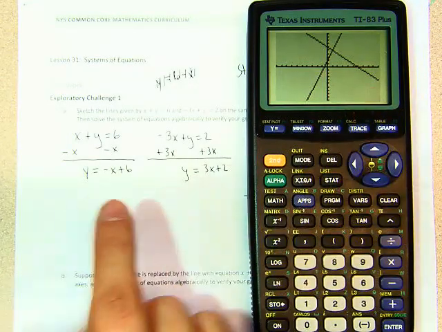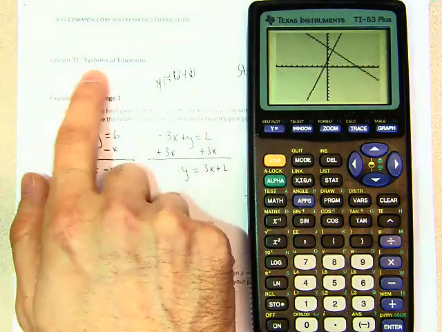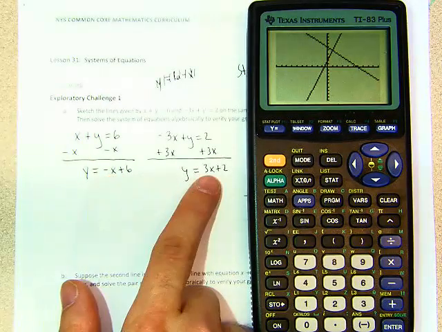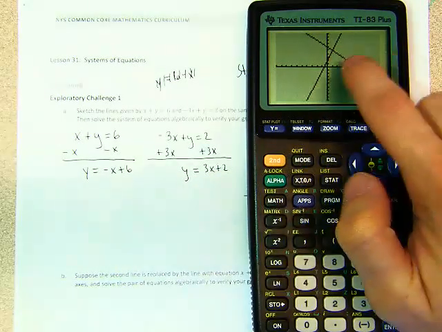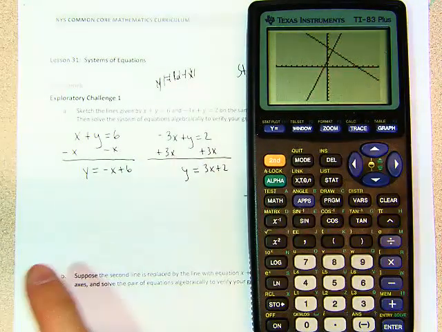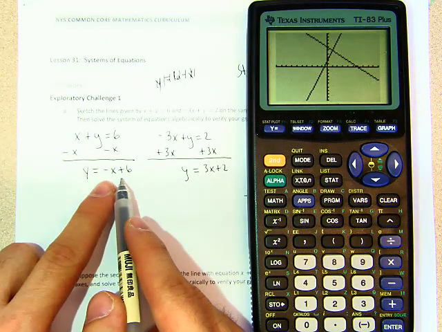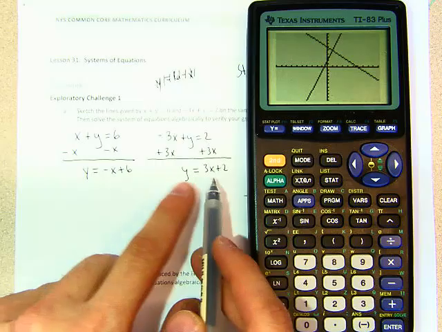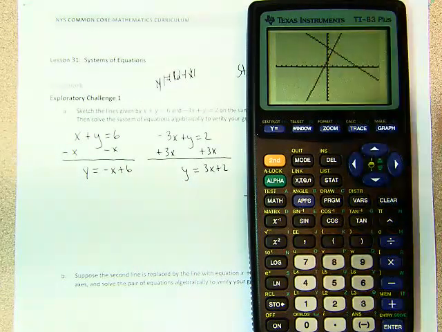And notice that this equation and this equation, remember, when you're solving these systems of equations, you're finding a point that they both share. So what is that point that they both share? Well, that's you solving for this. Here, if I say y is equal to negative x plus 6 and y is equal to 3x plus 2, how do we find that point that they share?